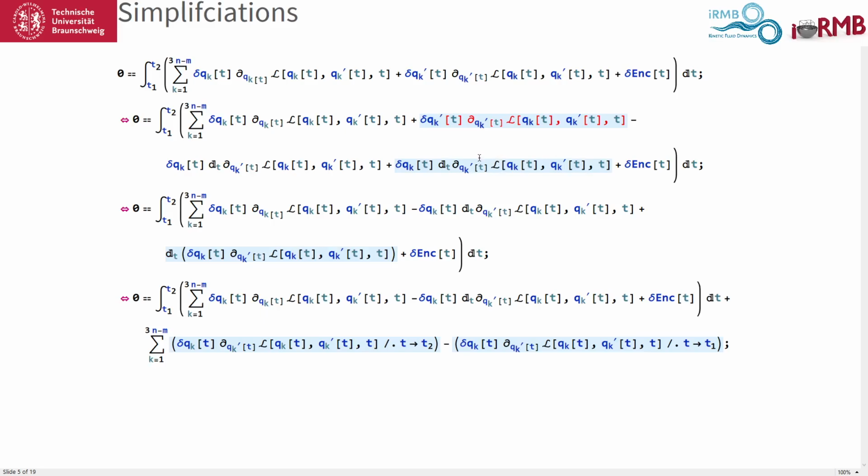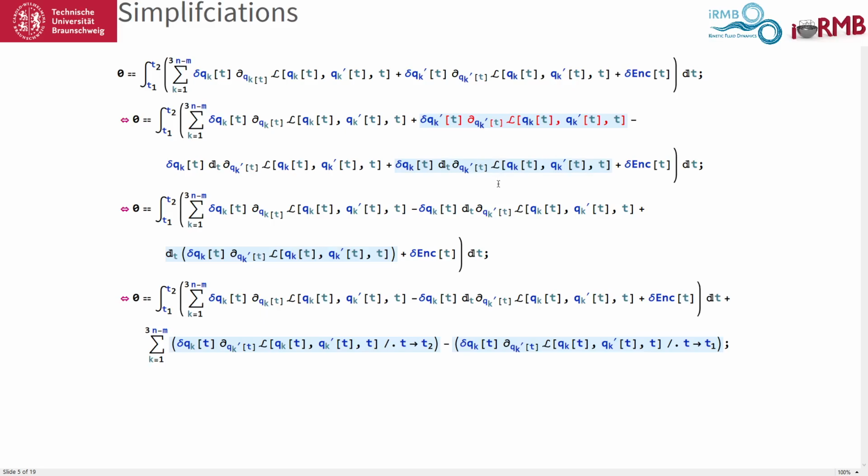So how to combine this? See, this is the coordinate, and this is the time derivative of the coordinate times the derivative of L with respect to the velocity. Now, this here is the time derivative of this, and this here is the time derivative of that. So now you think of the product rule in the opposite way.